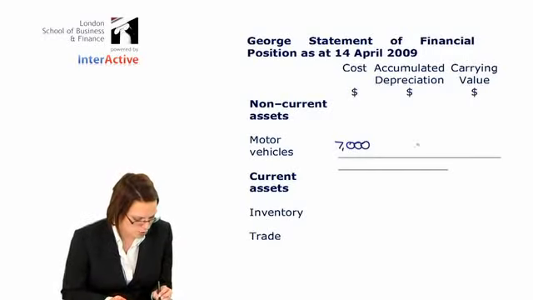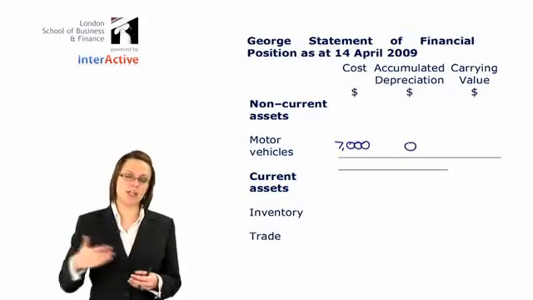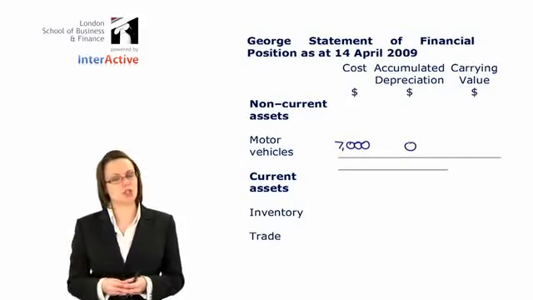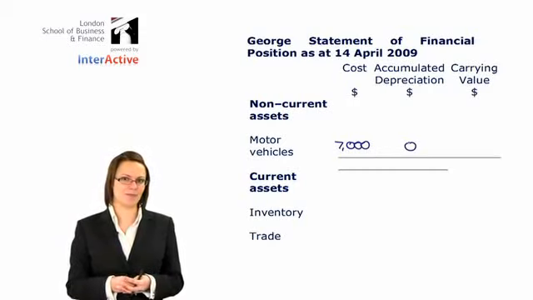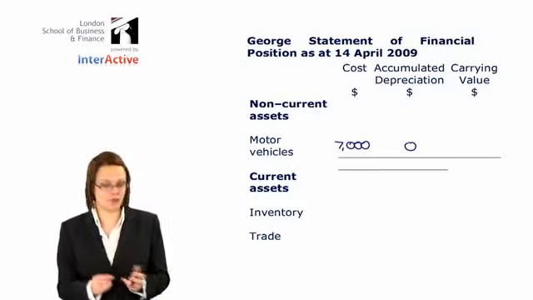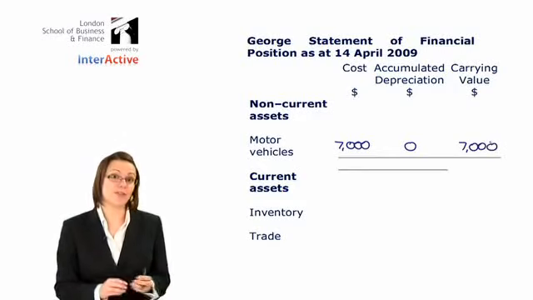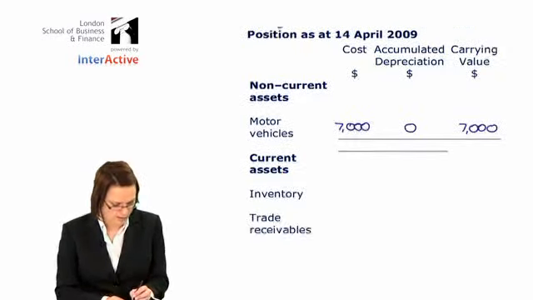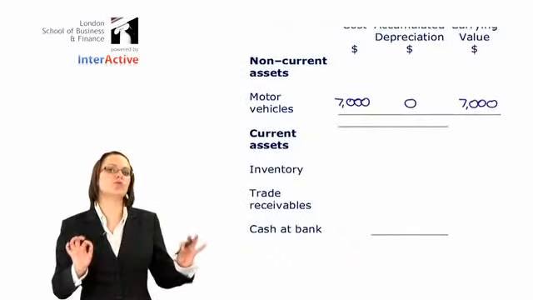So we're just going to leave that blank for the time being, but in subsequent sessions after this, we will discuss this idea of depreciation in a lot more detail. So the carrying value of the asset at the end of 2 weeks is still going to be $7,000.